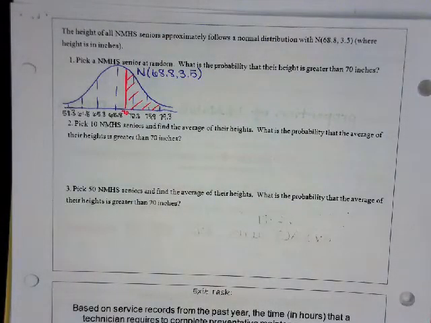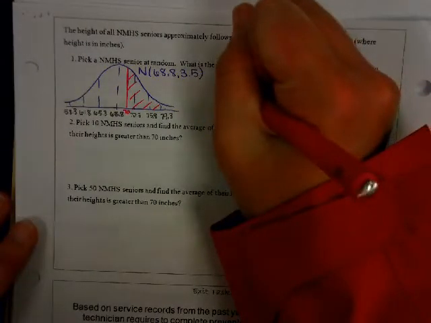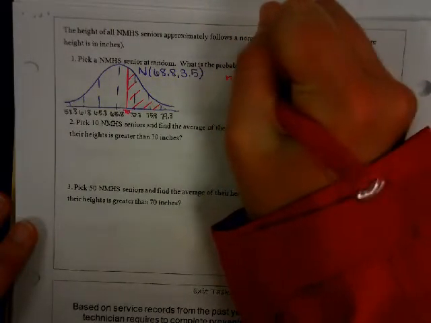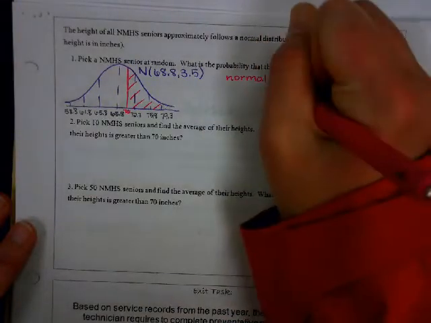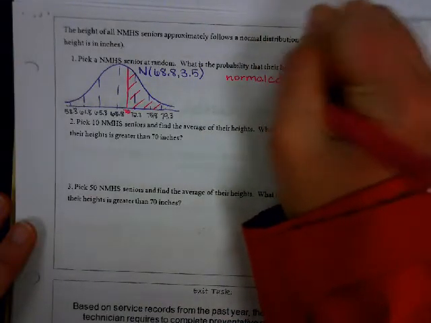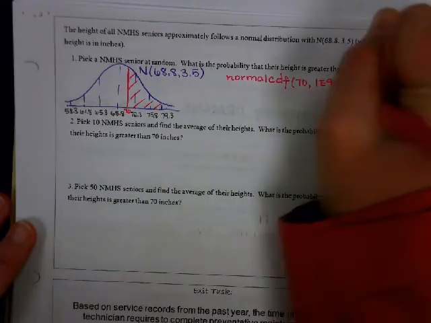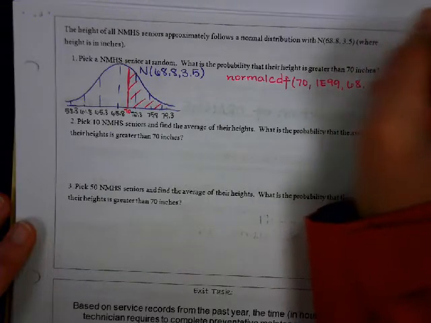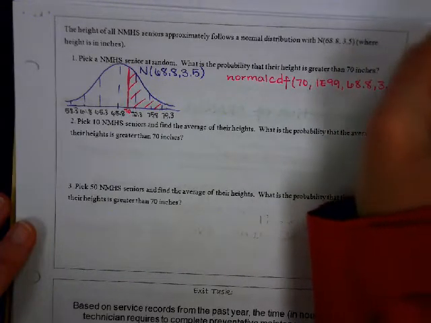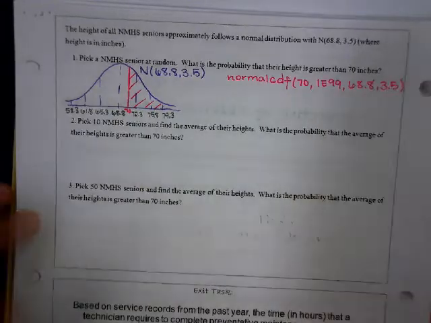What's the lower bound? 70. What's the upper bound? Big number. What's our mean? And standard deviation. So what's the probability a senior picked at random is taller than 70 inches? 0.3659. Thank you, sir.